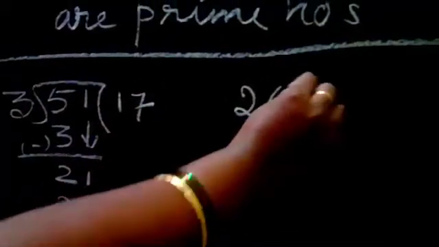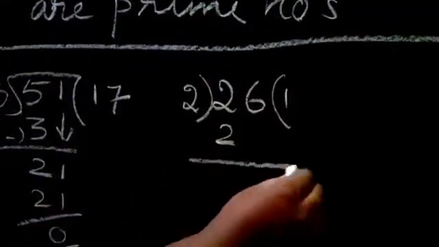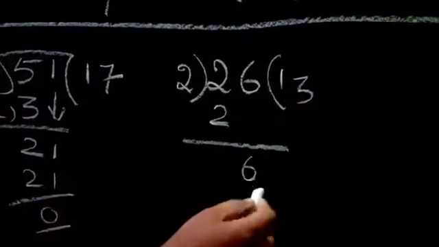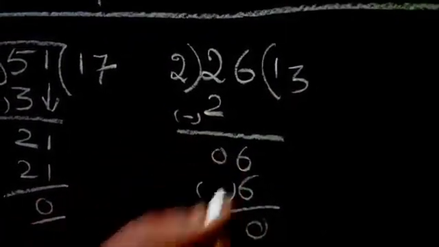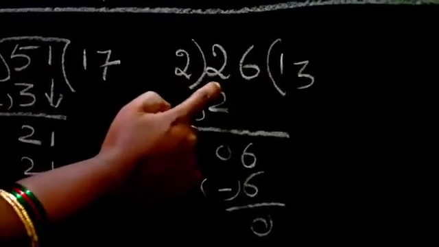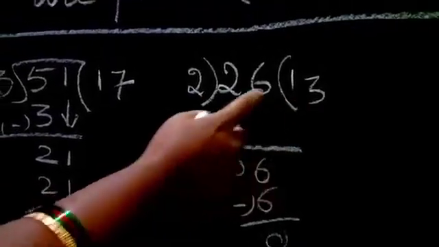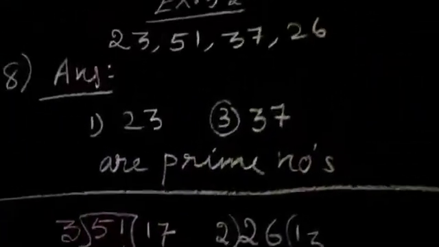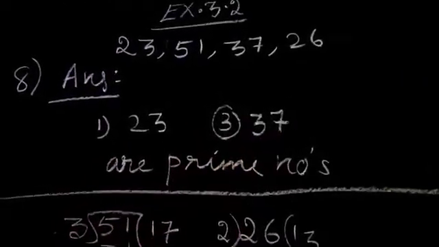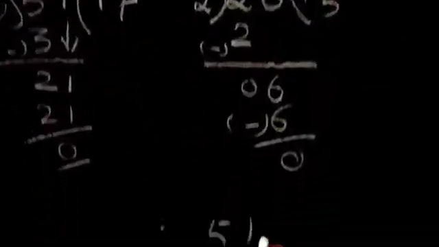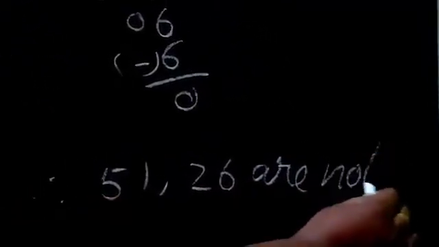Same like that, 26: second table, 1 2s are 2, again 3 2s are 6. This is 0 here. So 26 will go in the second table, 26th table, and 13th table. So 26 and 51 are not prime numbers. Only 23 and 37 are prime numbers. Therefore 51 and 26 are not prime numbers.